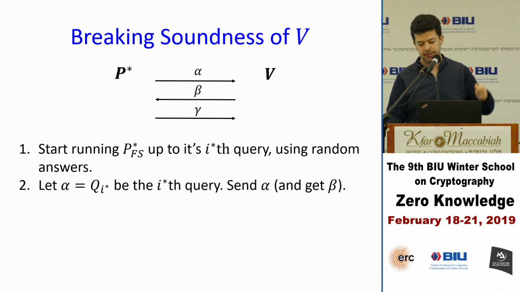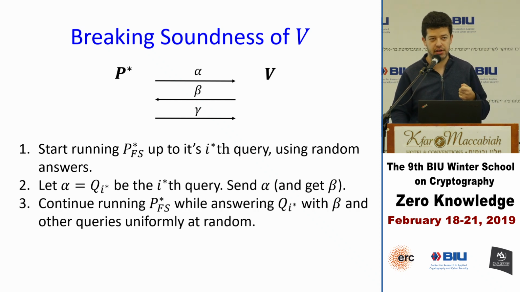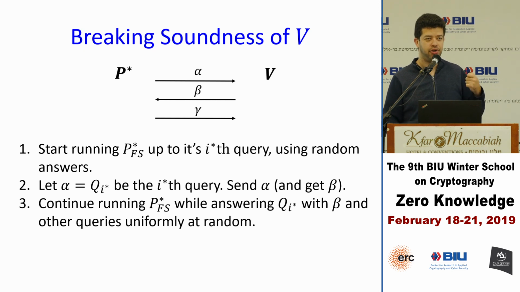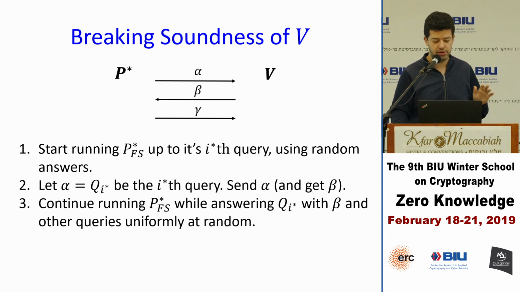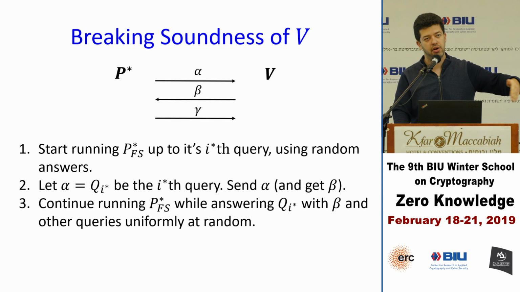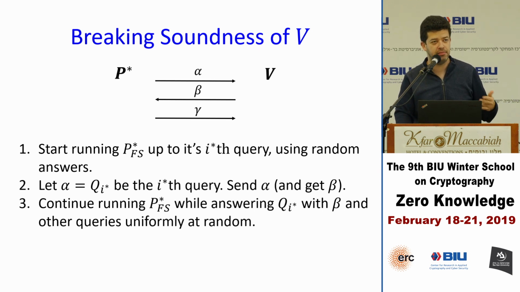Now the verifier tosses his coins and sends over a beta, and the answer I provide to my Fiat-Shamir prover for the i-star query is beta. Then I continue, and any additional queries the Fiat-Shamir prover makes, I answer with fresh random coin tosses.